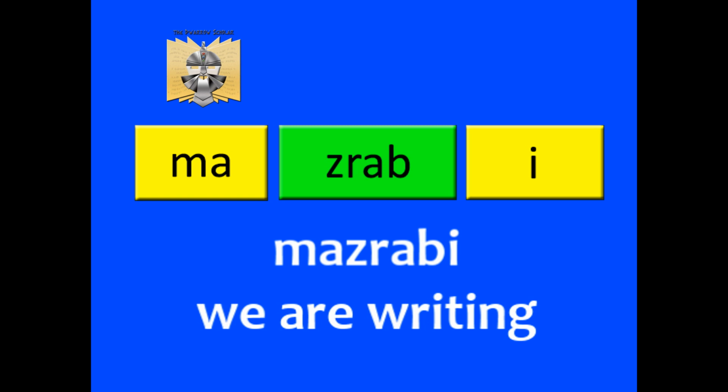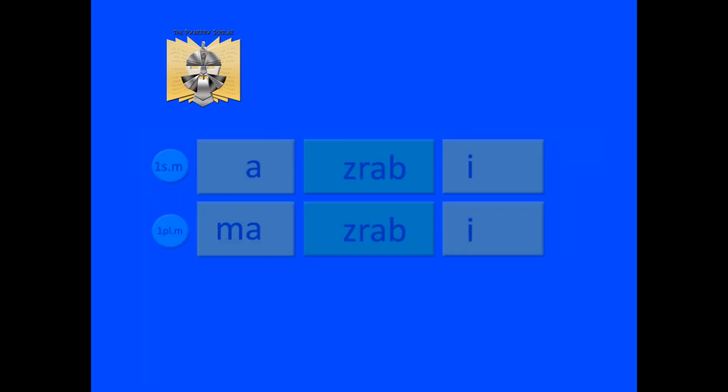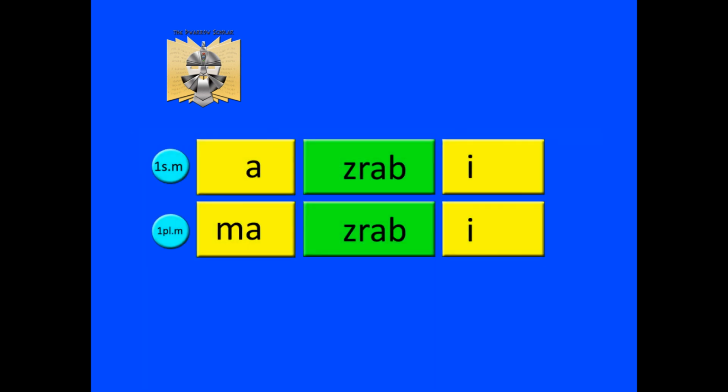Now, this ma might sound familiar. You might remember that we add ma in the perfect form. So again, it's similar at least. It's not an extended A, but it's similar at least, so that might give you a clue that we are talking about the first person plural, so the we form.